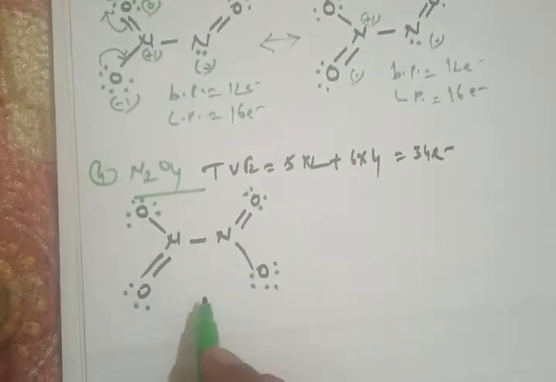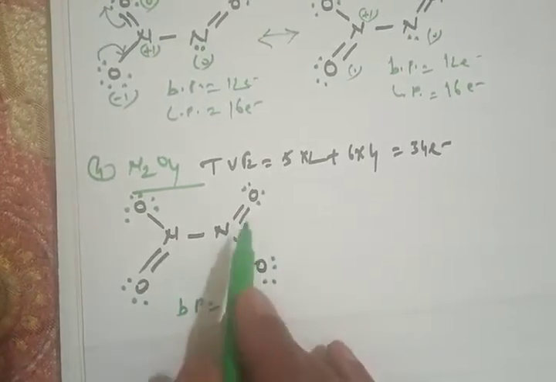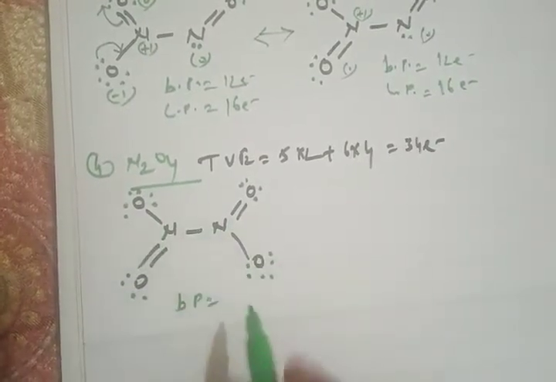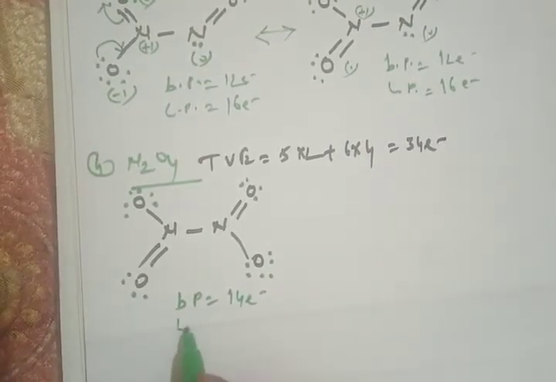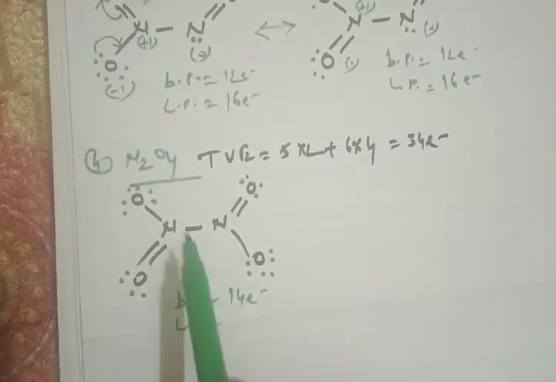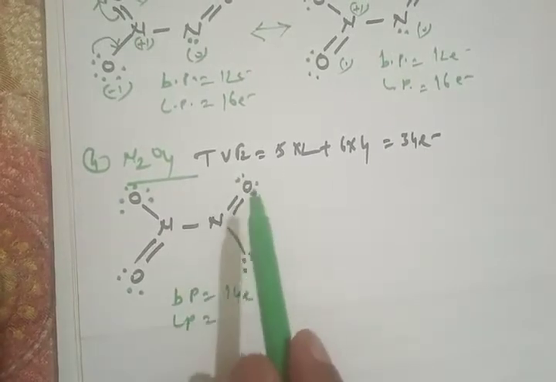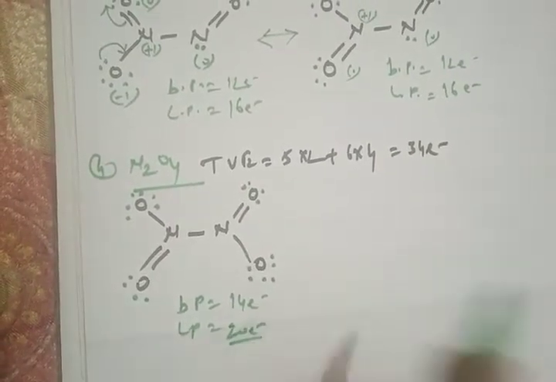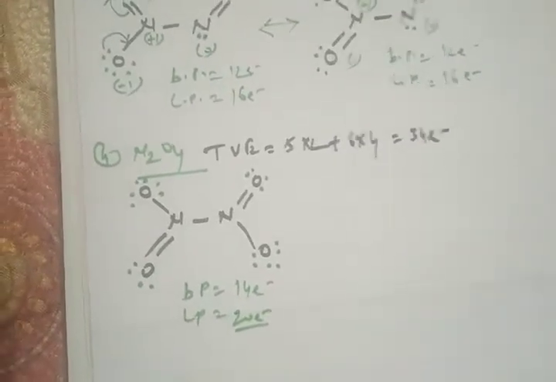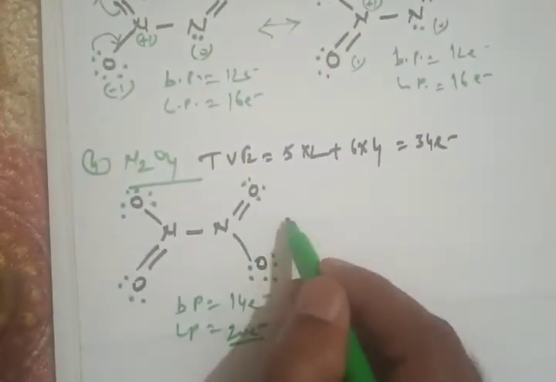So bond pair 1 2 3 4 5 6 7, 14 electrons bond pair, and in lone pair 6, 6 is 12, 16 and 20, so the total will be 34. So the structure is correct. Now we'll go for the resonating structure.